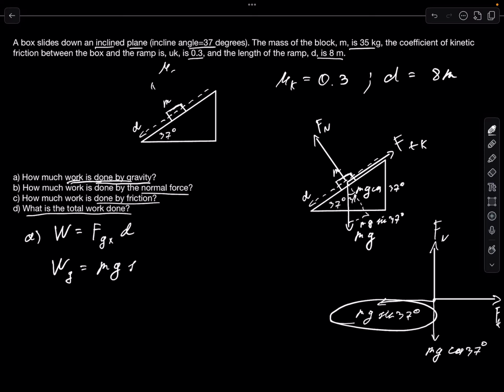So work done by gravity is equal to mg sine 37 times d. The mass, they told us, is 35 kilograms.